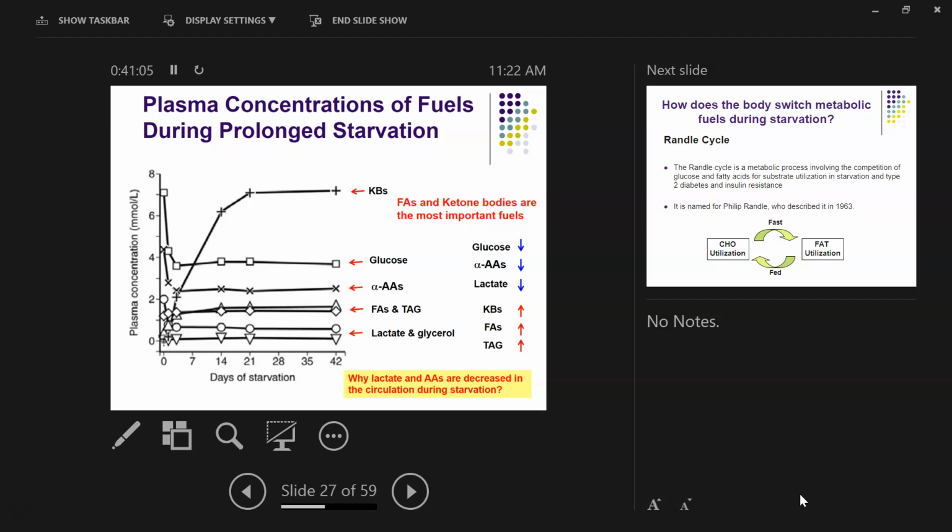But why are the lactate or glycerol levels low? Glycerol we also expect to be very high, because we break down triglyceride and release fatty acids and glycerol. Why do these two compounds maintain a very low level during starvation? Any idea? Where do these compounds go?